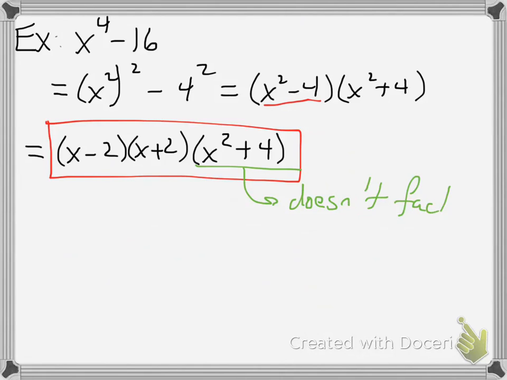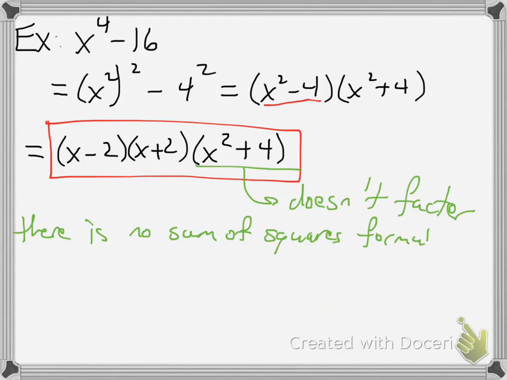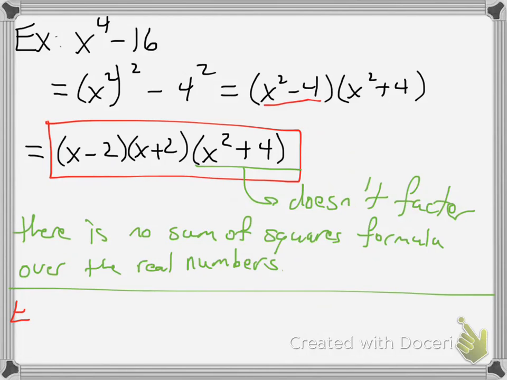It factors over the complex numbers, but we're keeping it real for this part here. And I mentioned there's no sum of squares formula over the reals, or the real numbers. Okay, and just for fun, I'll show you an example here.